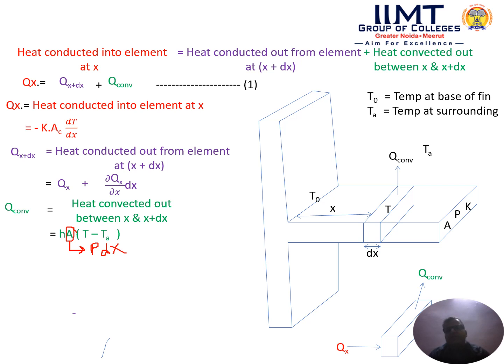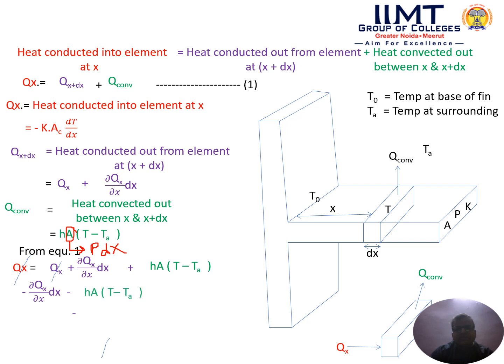Then putting the values of qx plus dx and Q convection in equation number one, qx is cancelled out. Then minus del qx upon del x dx minus hA(T minus Ta) will be equal to 0.